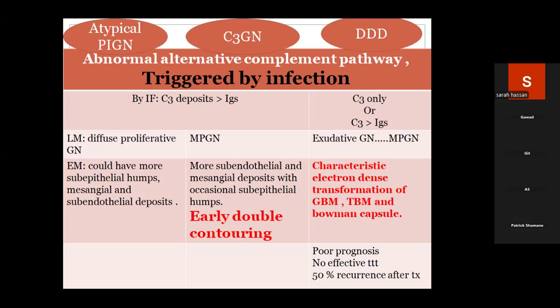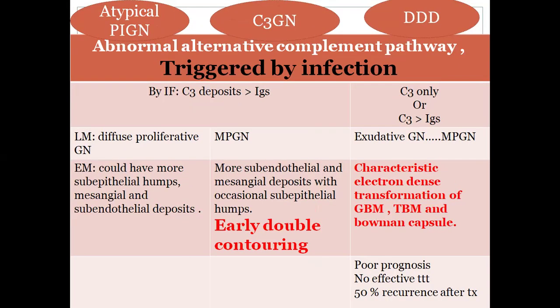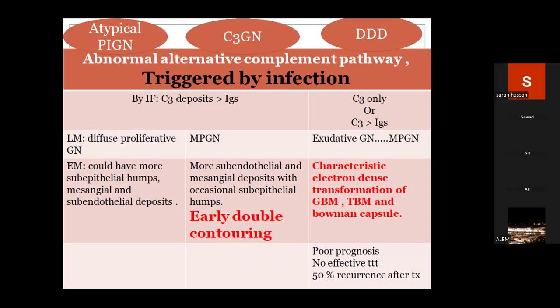C3 deposits are mostly dominant even in typical post-infectious GN. By light microscope, the atypical post-infectious GN is just like typical diffuse proliferative GN, but in C3 GN and dense deposit disease, the course of the disease is more rapid and goes more to chronicity with more MPGN. I think that MPGN is more a chronic pattern of injury, because this means that the glomerular basement membrane is markedly injured, and this triggers the formation of the double membrane and the glomerular basement membrane double contouring.